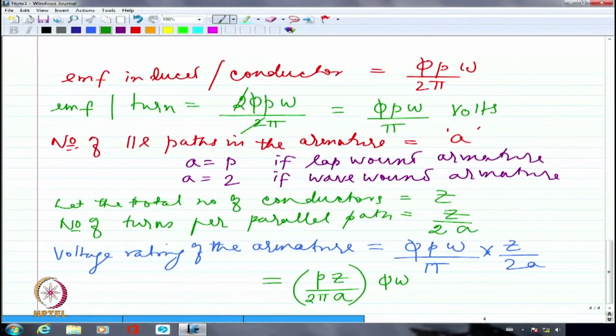Normally I would like to operate it at rated flux. Okay? Similarly, normally I would like to rotate it in such a way that I will get rated voltage at that particular speed when I am injecting rated field current into the machine. So I am going to get basically rated voltage at rated speed at rated excitation. That is how the machine will be designed.